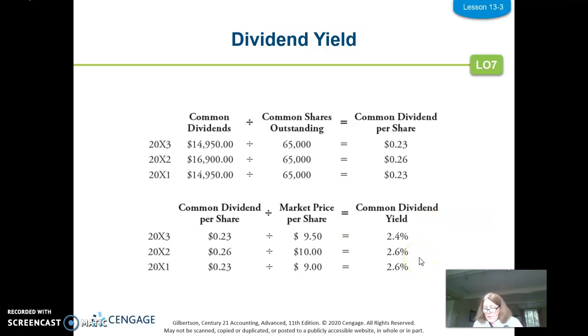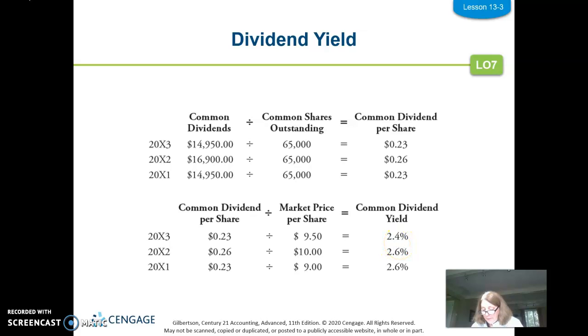So our standard or target that we want to look at is if we got a 2.4% common dividend yield, what could the investor get on another investment alternative? So looking at other stocks, putting their money in the bank, in a savings account, things like that. So 2.4% is certainly not a very high percent return.